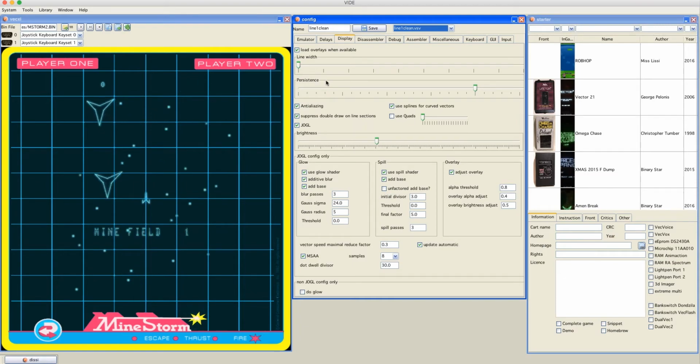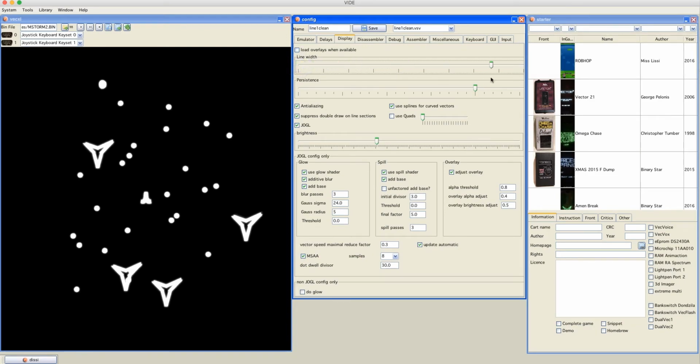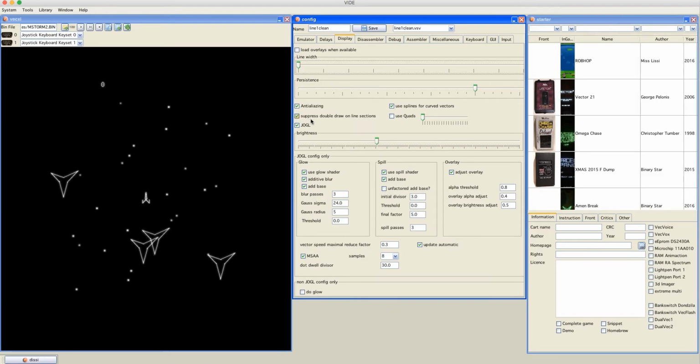As before, you can toggle overlays on or off. It's the same button, but it's moved to this tab. For the moment, I will switch them off so I can show you a little bit more. Line width can also be determined as before with this slider over here, and you also have the same old persistence slider.